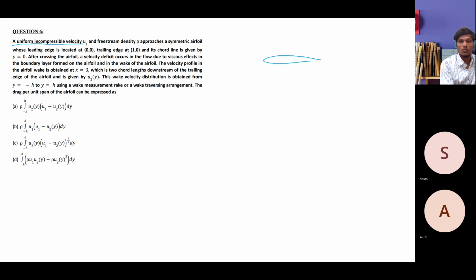This is a symmetric aerofoil and its equation is y equals 0. That is, it's located along the x-axis. This is (0, 0). This is (1, 0). This is your leading edge and trailing edge. After crossing the airfoil, the free stream velocity of u1.